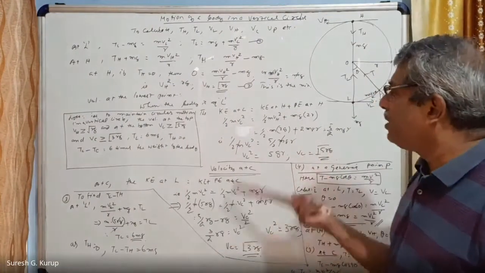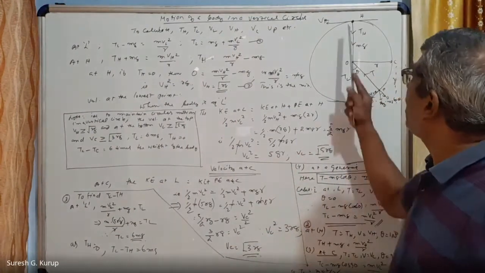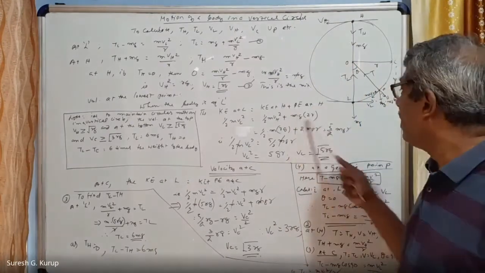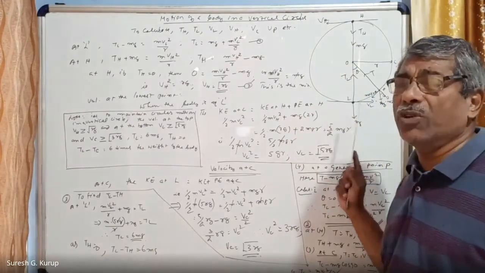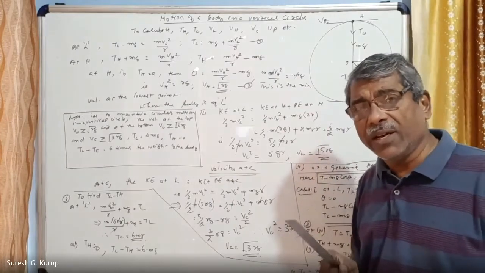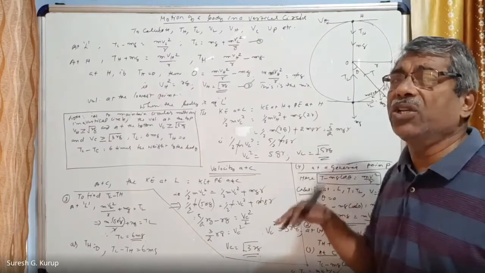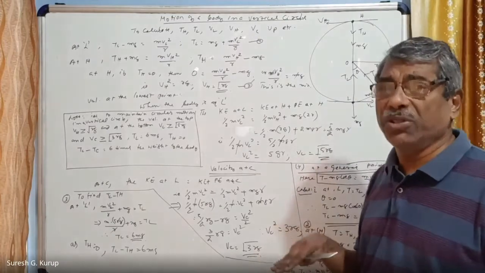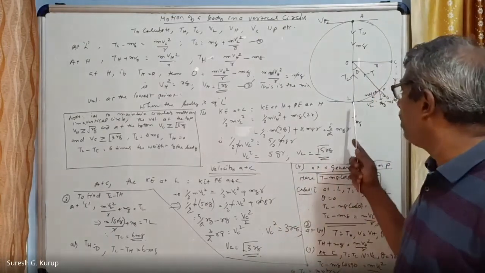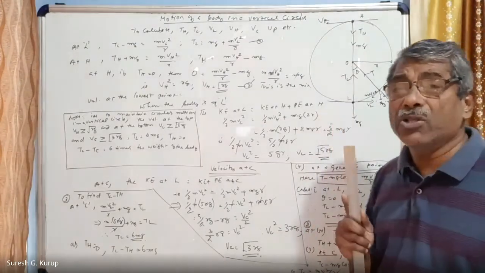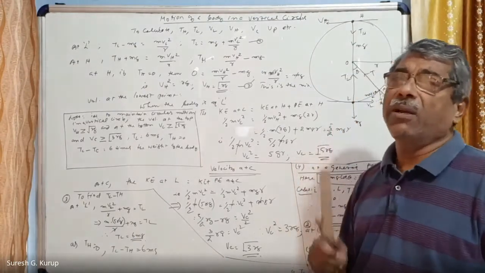So the kinetic energy and potential energy at the highest point will be equal to the kinetic energy at the lowest point. Why only kinetic energy at the lowest point? Because when the body reaches the lowest point, it is very near to the ground. Therefore, at this point, there is no potential energy. But when the body is at the highest point, it must have both kinetic energy and potential energy.